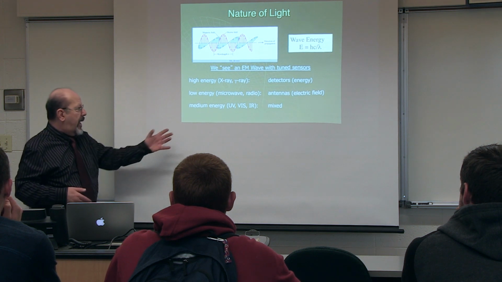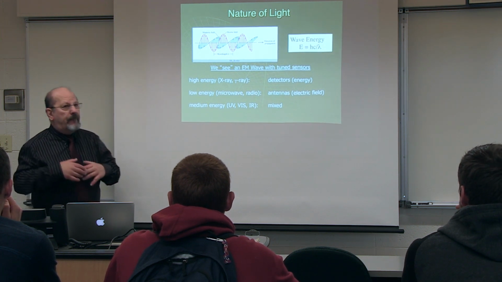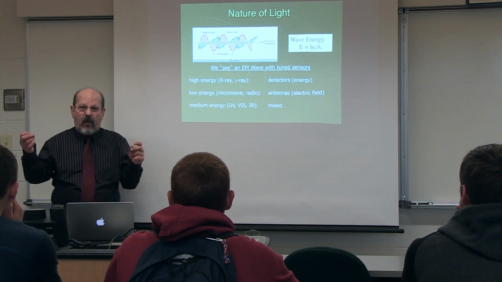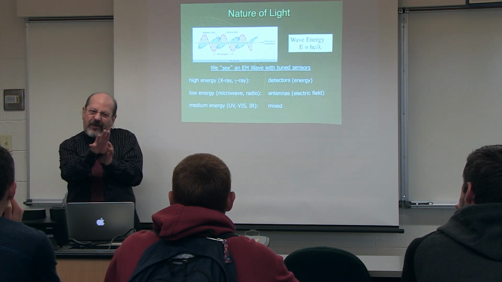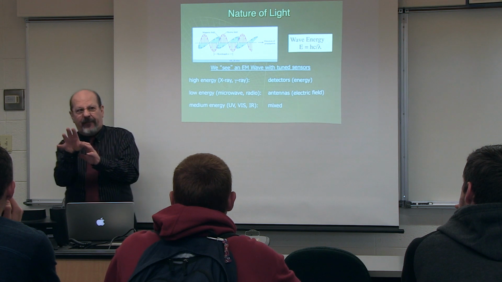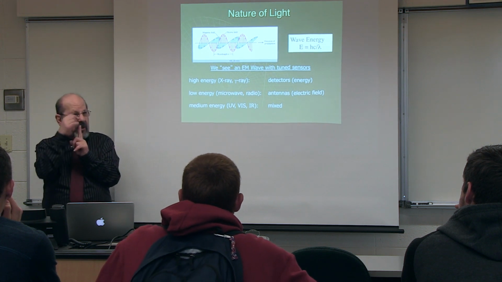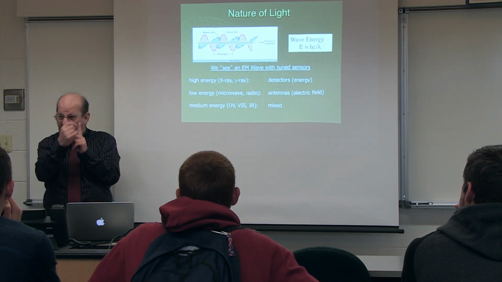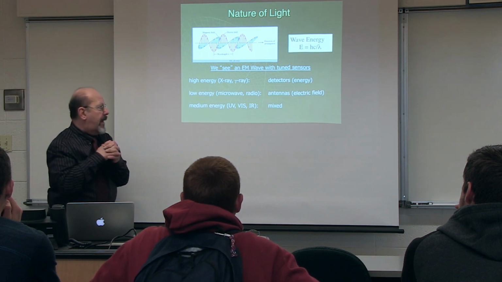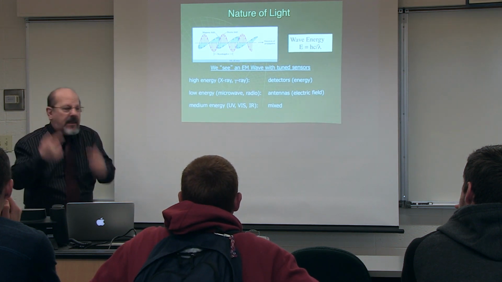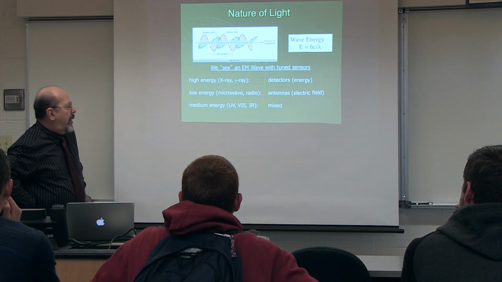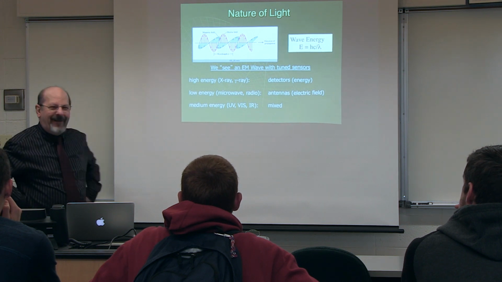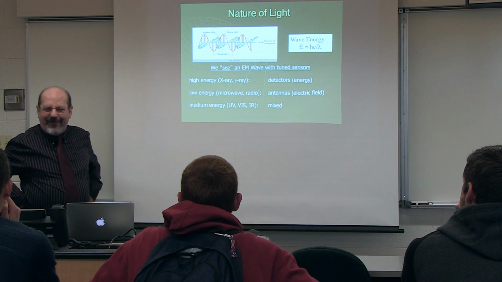On the other extreme end, where you have very low energy, like radio or microwave, instead of calling them detectors, we call them antennas. And it's because it really responds to either the electrical or the magnetic component of the electromagnetic wave. And then what we can see is kind of like in the middle. And so we call them a number of things, eyeballs, telescopes, etc.